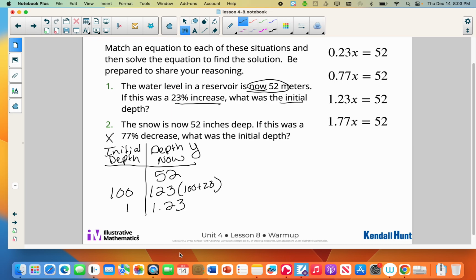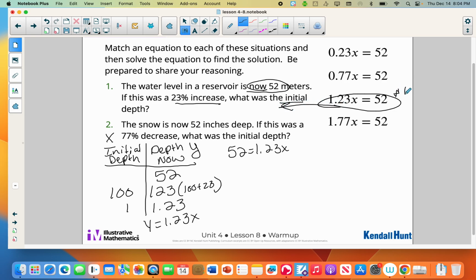And so we end up with the equation y equals 1.23x. And we know the depth now, which is our y. So I'm going to put 52 in place of the y. So we get 52 equals 1.23x, which is this one.